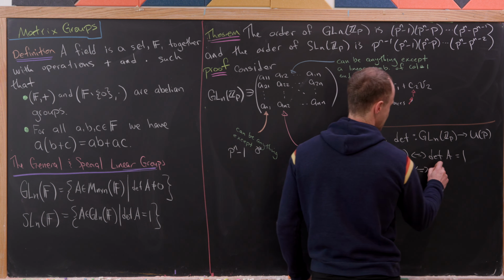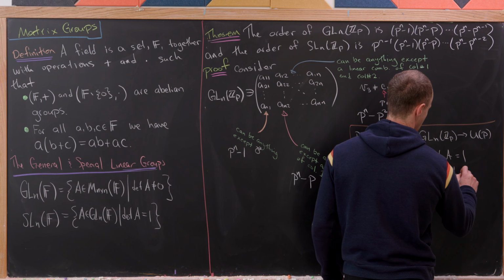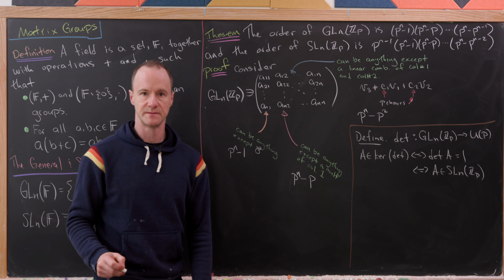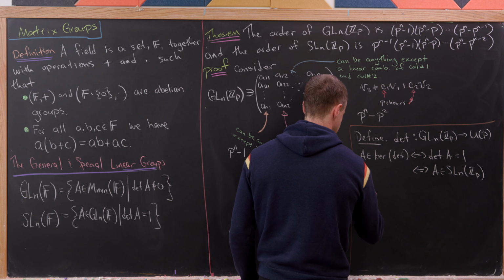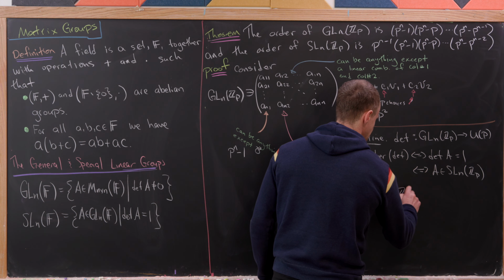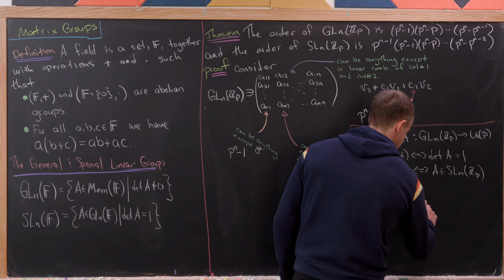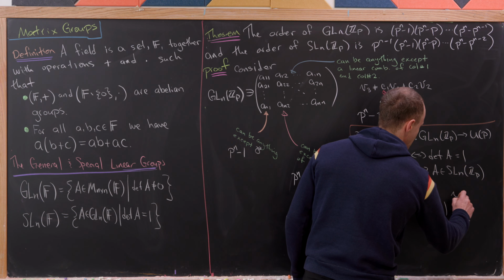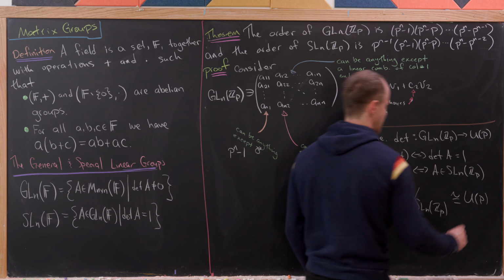But that's if and only if our A was in SL_n(Z_p). Okay, great. So that gives us this isomorphism using the first isomorphism theorem that GL_n(Z_p) mod SL_n(Z_p) is isomorphic to U_p.